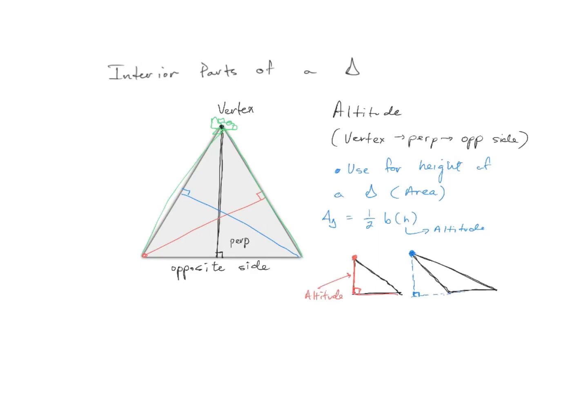So maybe in this case, this is not so much an interior part as it is just a way for finding height of this triangle. And this here would be your altitude of this triangle. And again, we're looking at the vertex and the opposite side, and that's the 2 key pieces of your altitude.